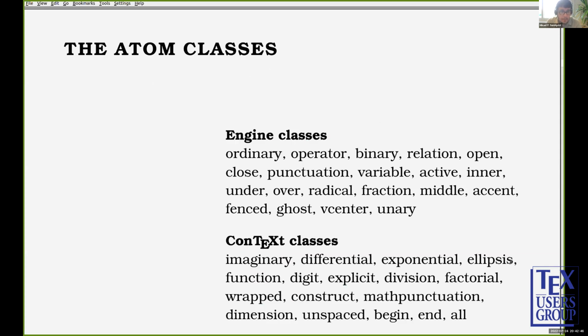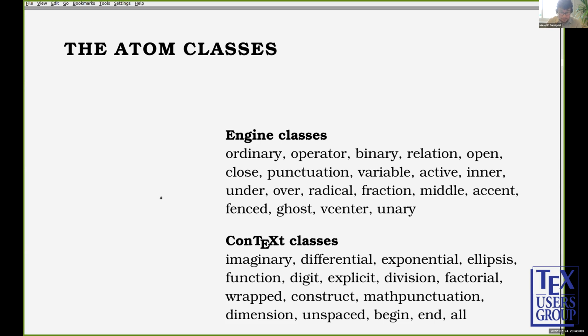Okay, so there are several new atom classes. There are engine classes, in the luametatex engine, and then there are also ConTeXt classes. So we can add more classes, and it's not expensive to add them, so to say.